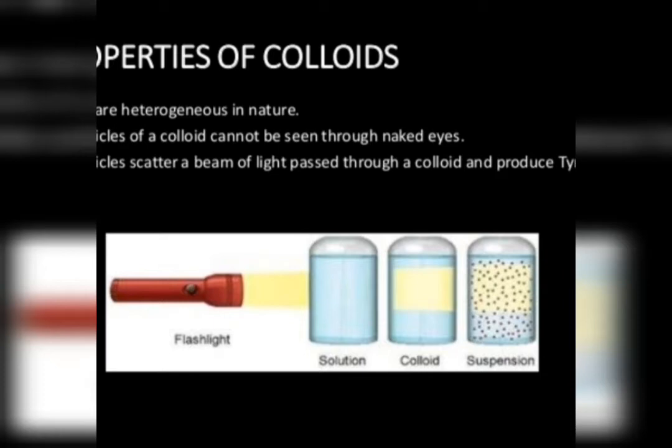If a beam of light is put in a colloidal solution, say soap solution kept in a beaker in a dark room, the beam is illuminated and becomes visible when seen from the side. The path of the light beam becomes visible because the colloidal particles scatter light falling on them in all directions, and this scattered light enters our eyes.